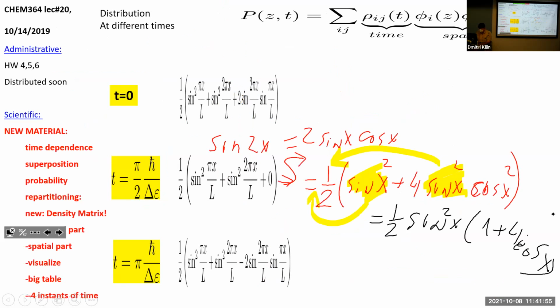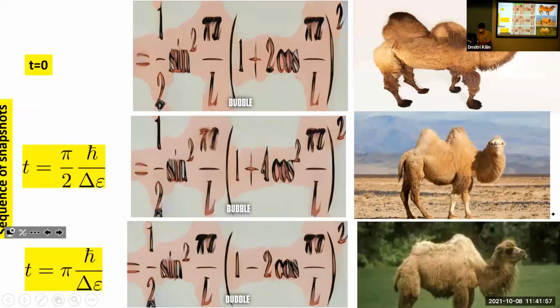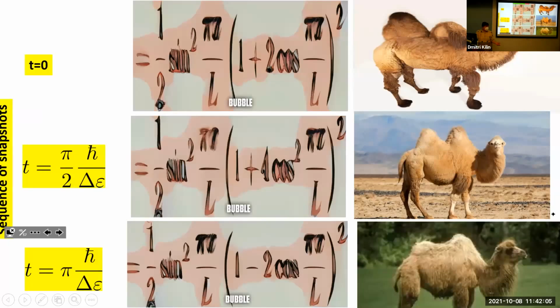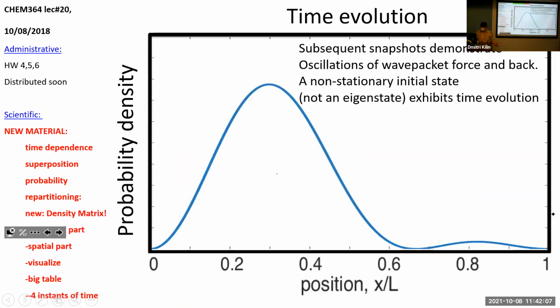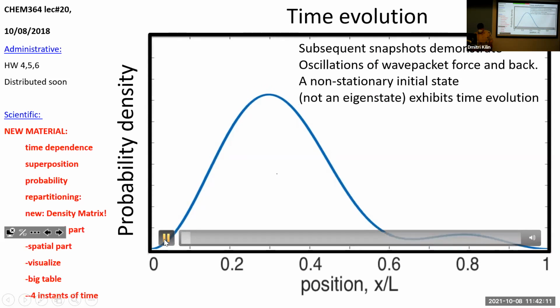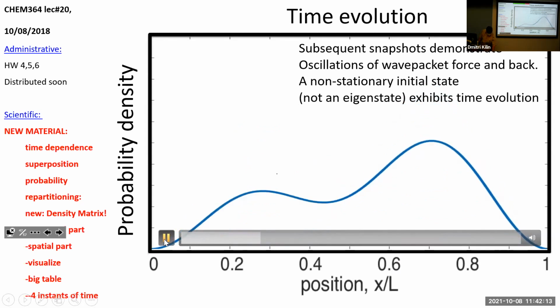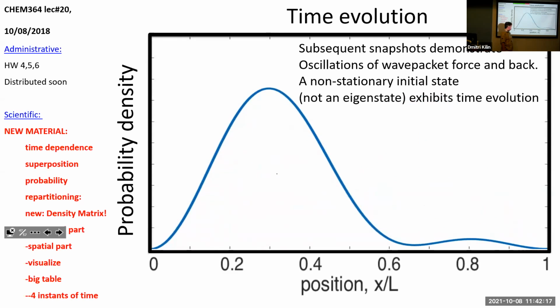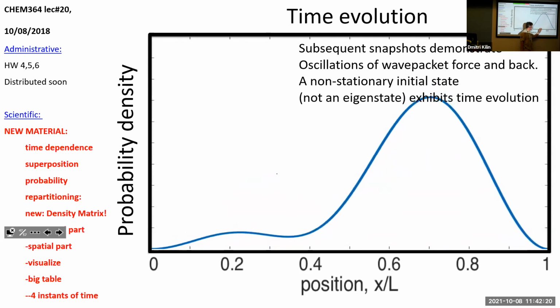Whew. Let's return back to pictures. So basically, we got what we wanted, right? If we can create this initial state, then as time goes by, we will see that it moves forwards and backwards.